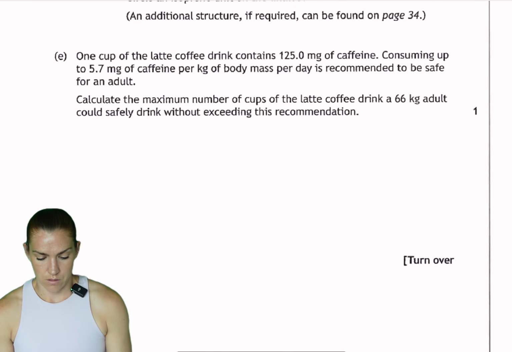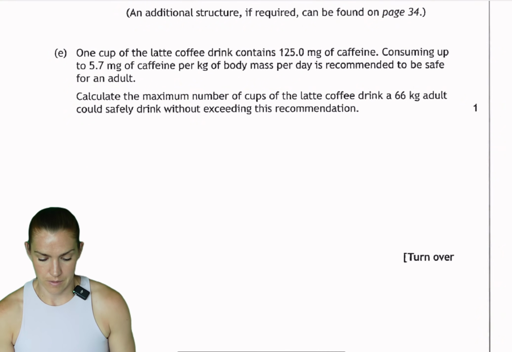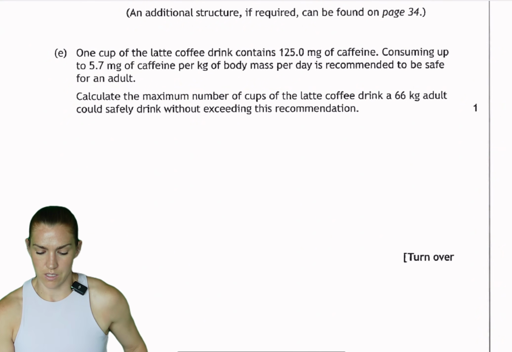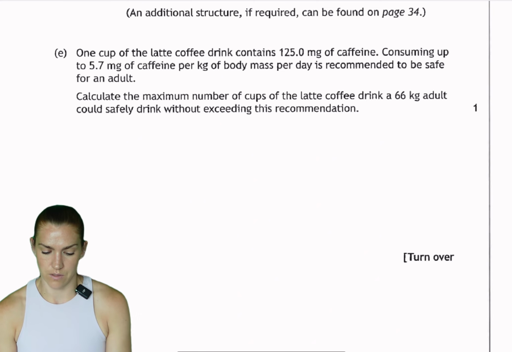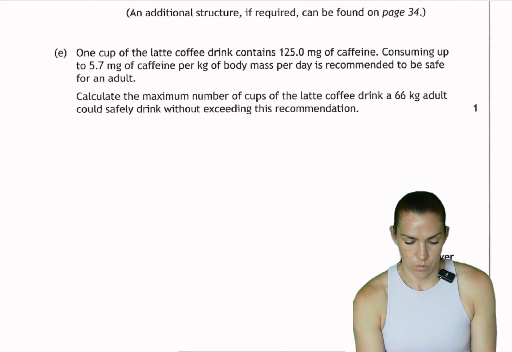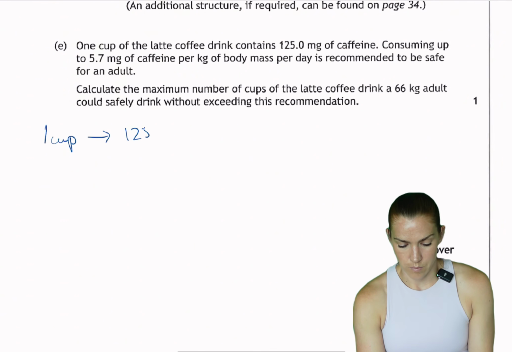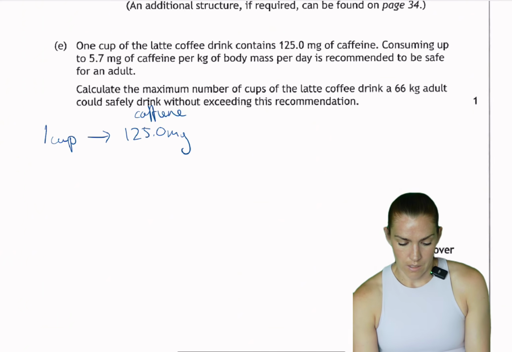So then another numeracy question. Calculate the maximum number of cups of latte coffee drink a 66 kilogram adult could safely drink without exceeding this recommendation. So we're told that 1 cup gives you 125.0 milligrams of caffeine. Then I've spelled caffeine wrong.